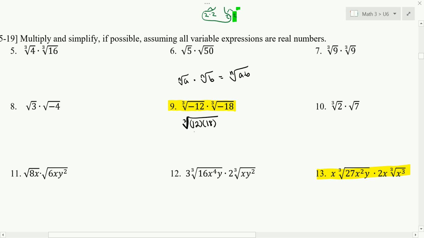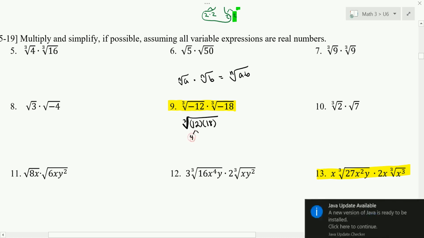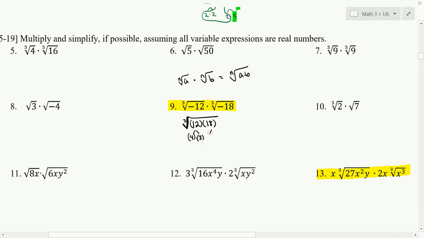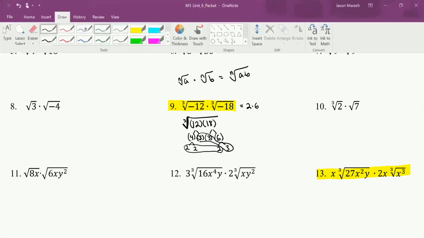And so now we're going to break these numbers down. 12 is 4 times 3. 18, 3 times 6. 4 is 2 times 2. 6 is 2 times 3. And so notice we have 3 2's and we have 3 3's. And so this is going to equal 2 times 3, which is 6.